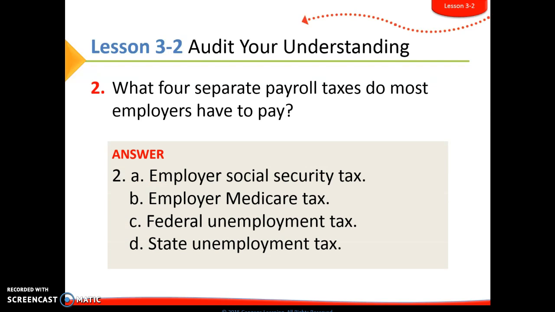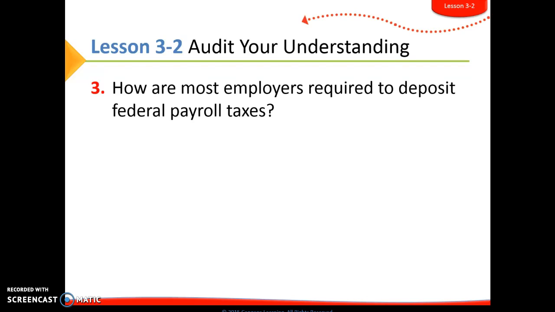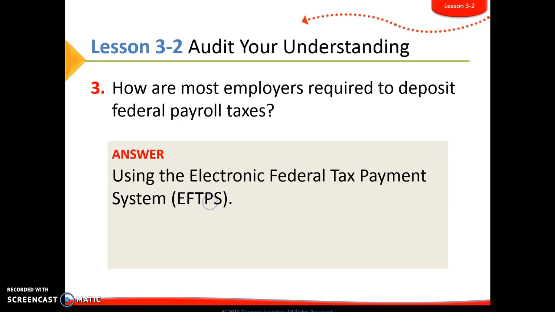Most employers have to pay employer Social Security tax, employer Medicare tax, federal unemployment tax, and state unemployment tax. And number 3, how are most employers required to deposit federal payroll taxes? Most employers are required to use EFTPS, which is the Electronic Federal Tax Payment System.